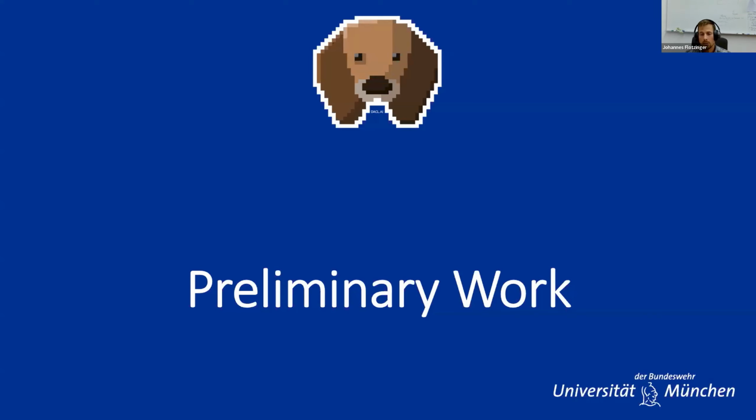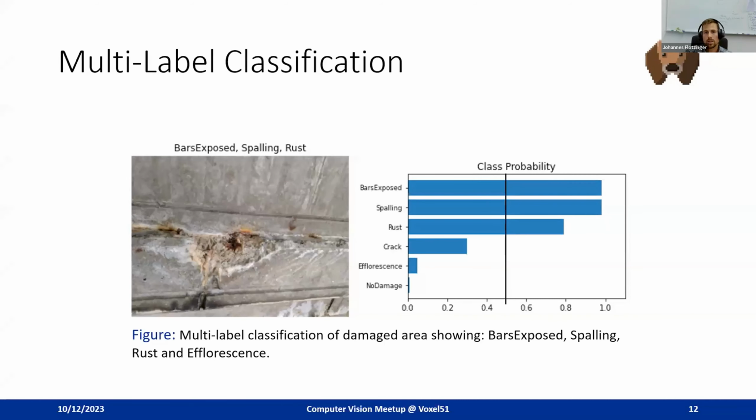The preliminary work was the basis for the decision to make our own dataset, DACL10K. When I started my research, only one multi-label classification dataset existed, and there were no semantic segmentation datasets. So we developed multi-label classifiers for defects that commonly occur on concrete structures. Thus, we could classify defects on images non-mutually exclusive.